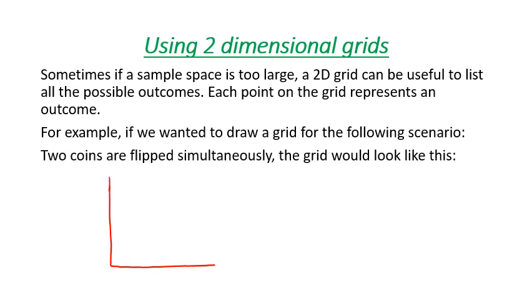So as an example, if we wanted to draw a grid of the scenario where two coins are flipped simultaneously, so that means at the same time, in coin 1 we have our options of heads and tails, and in coin 2, we also have heads and tails. So therefore, we can say that our options are tails and tails, heads and tails, tails and heads, or heads and heads.